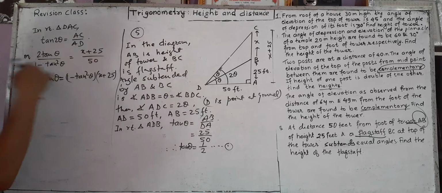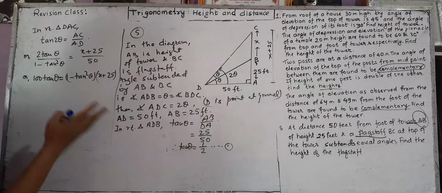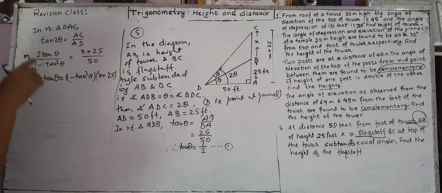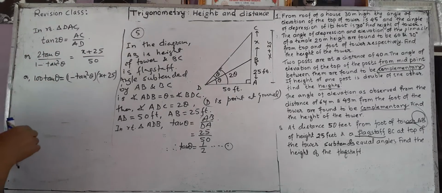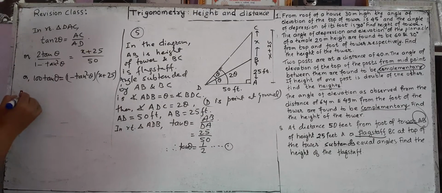Because if we cross multiply and then substitute the value 1 by 2, it is easy compared to putting the values here. If we put them here, we have the numerator and denominator with fractional numbers, and that may confuse you. So just cross multiply, and now you put the value.